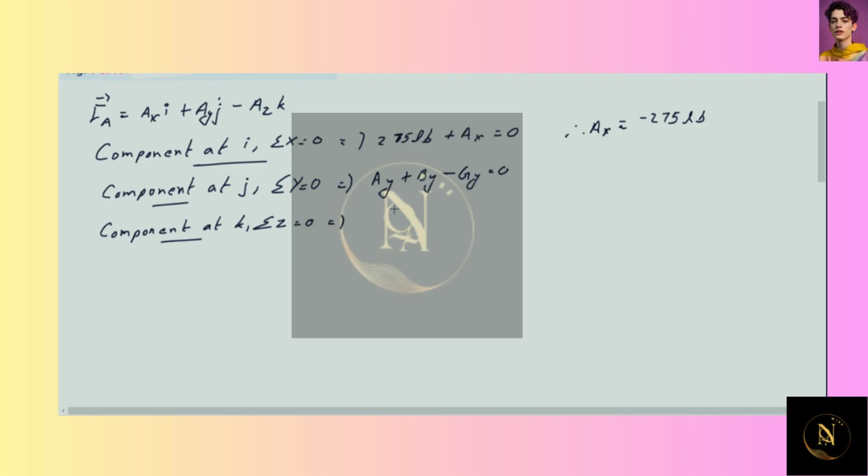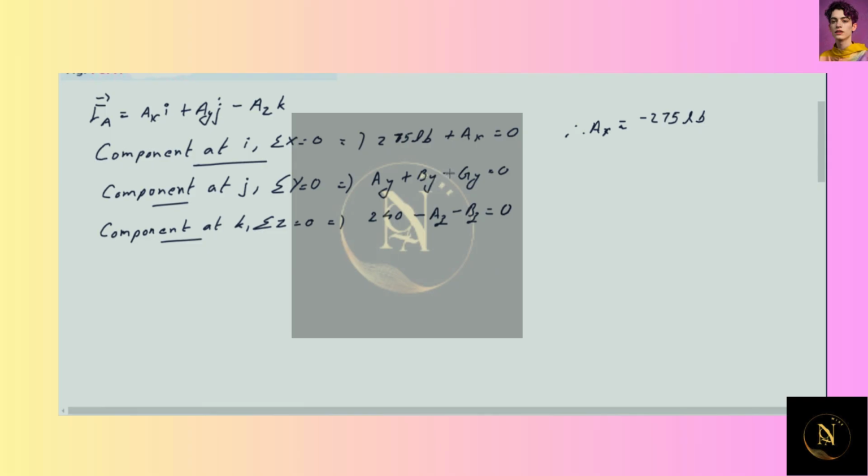That gives 240 lb minus AZ minus BZ equal to 0. Now we have two equations.